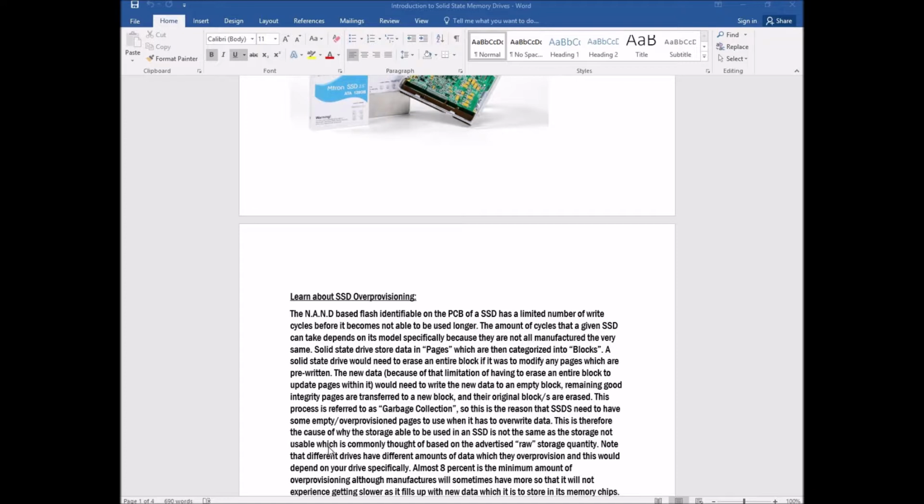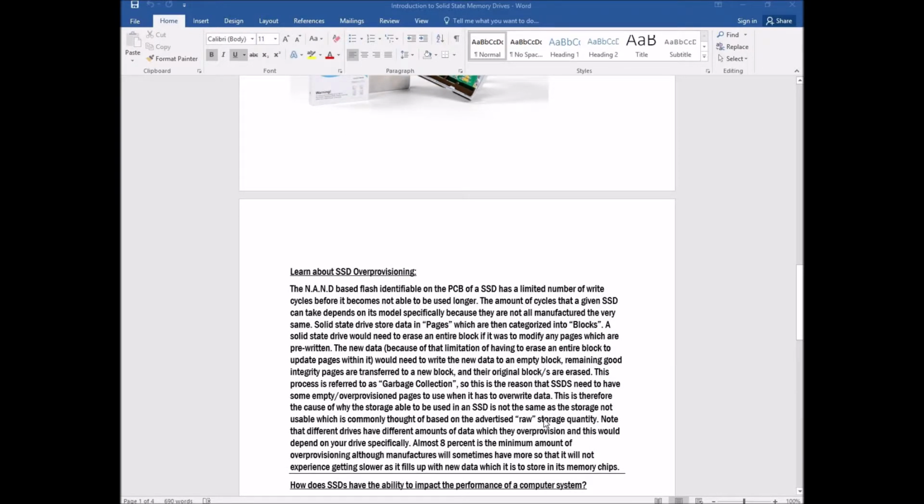This is therefore the cause of why the storage able to be used in a solid state drive is not the same as the advertised raw storage quantity. This means that not all of the advertised raw storage is able to be used by the end user because of solid state drive over provisioning and other factors, which we won't cover in this video, although it may be in the future.